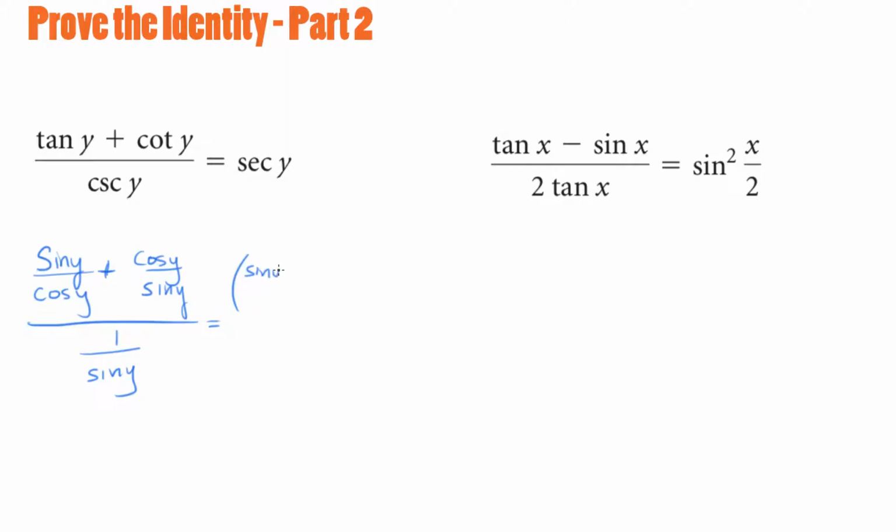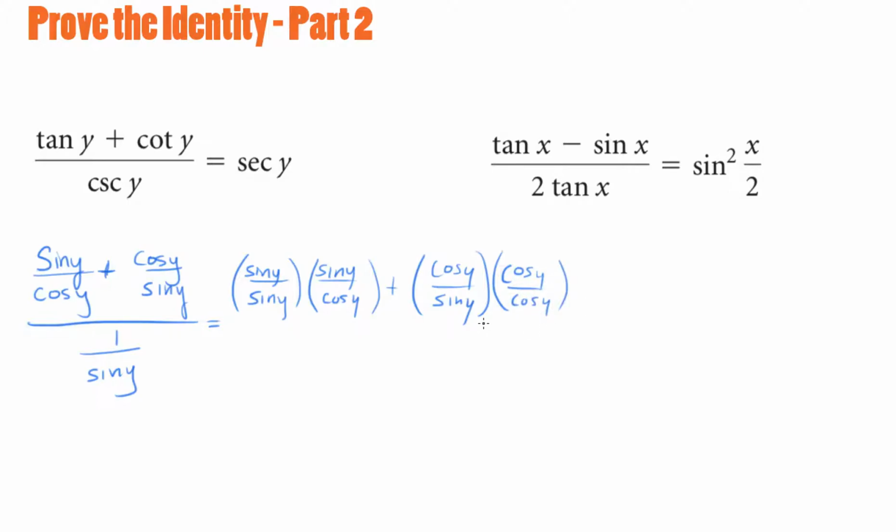So sine of y over sine of y, sine of y over cosine of y, plus cosine of y over sine of y, cosine of y, cosine of y, over 1 over sine of y.